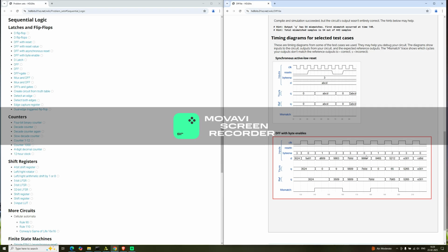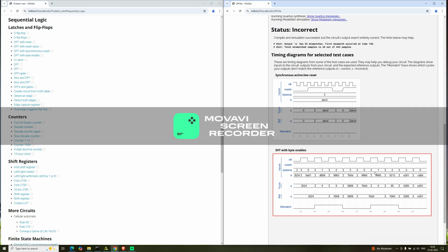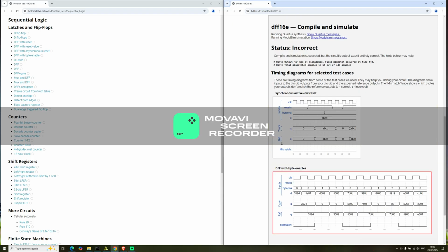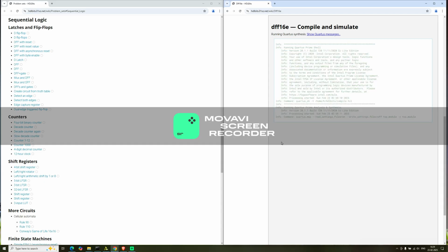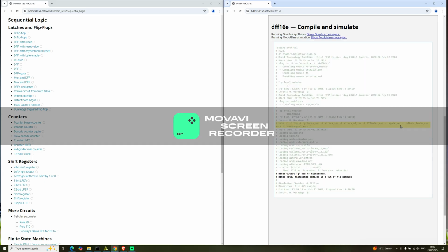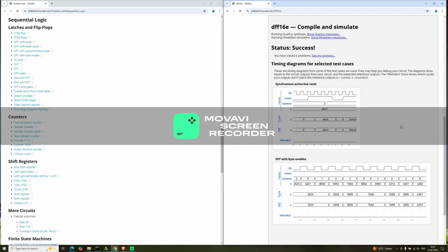And when the byte enable is 0, that is again an issue. We had explicitly considered that when byte enable is both 0, what will happen. So we shouldn't do that. We'll keep Q as it is, as a loop back. Now we can see, we have a success here.